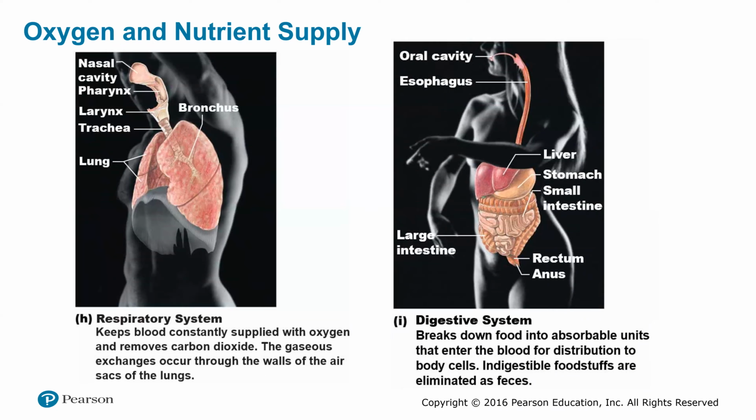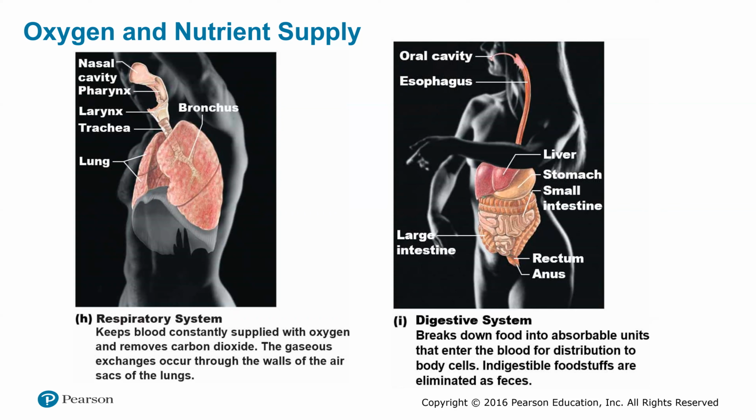Respiratory system organs include nasal cavity, pharynx, that is your throat, larynx, your voice box, trachea, your windpipe, bronchi, and lungs.